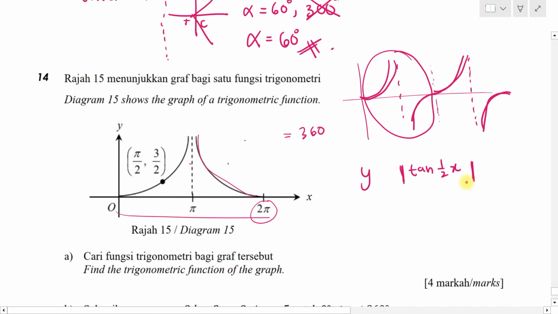So your y is equal to tangent of 1 over 2 x.